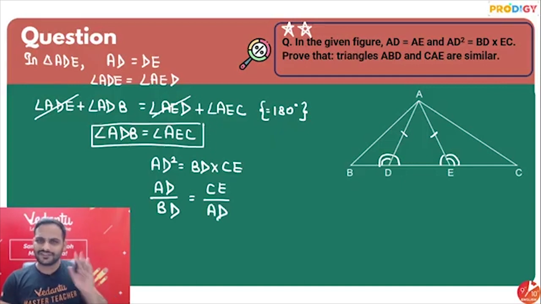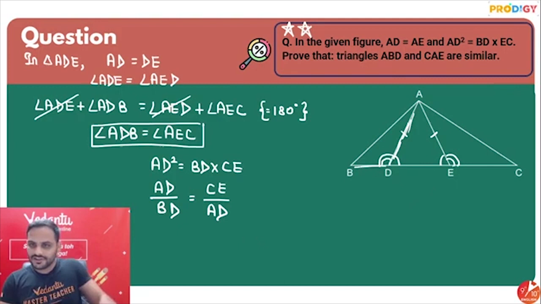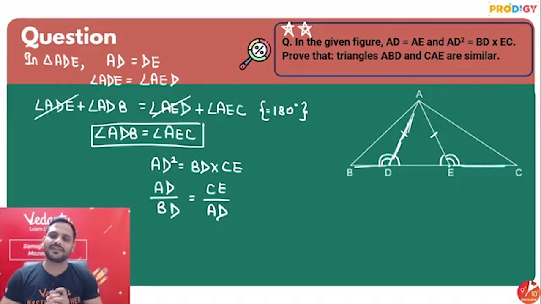So look, first thing is sorted. This first ratio is representing AD and BD and the angle between them. The second ratio is CE, and here it is asking me AE. If I had AE, then I can say the side angle side rule can be applied. But here instead of AE we have AD.